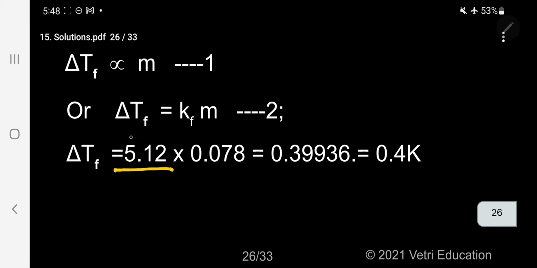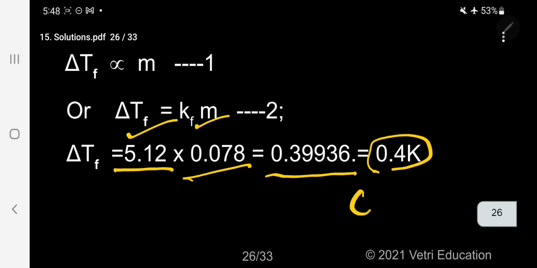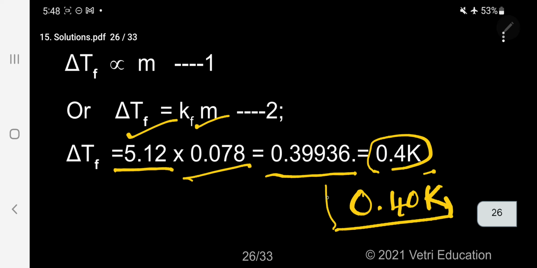It is a simple, direct multiplication, very simple. If you multiply, the answer is 0.399336. You can bring it to two decimals as 0.40 Kelvin, because the question says we have to give two decimals.